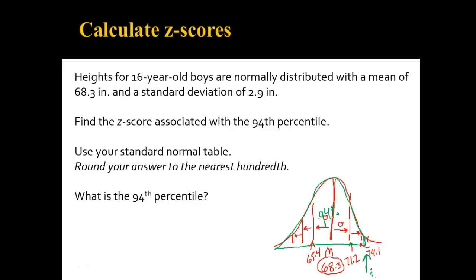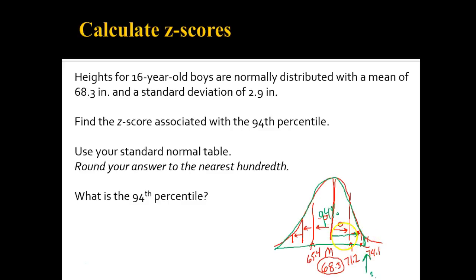So in order to answer that question, we're going to answer a different question first. We're going to associate a different number, and that number is called the z-score. Now, you really want to go back and learn about z-scores again if you didn't get this the first time. But the z-score is how many standard deviations away you are from the mean, either in the positive direction or the negative direction.